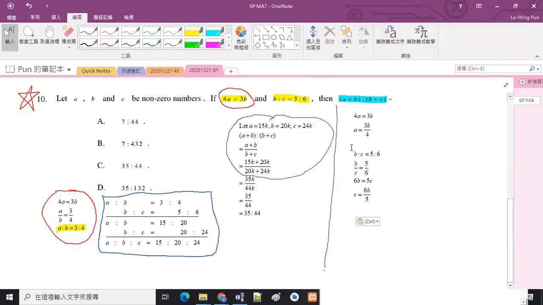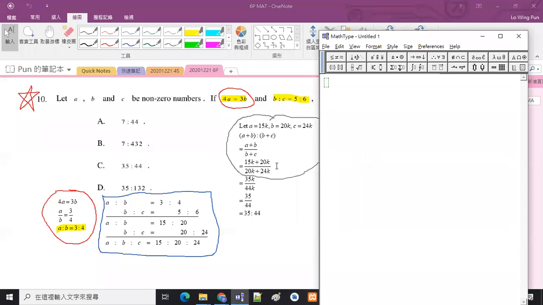點解我將 A 同埋 C 都 in terms of B？其實係諗緊要將佢哋全部都 in terms of 同一個英文字母，我哋就可以將所有 terms 變成 like terms，可以相加相減。現在佢要揾嘅嘢就係 A plus B to B plus C，計算嘅時候，我將佢變翻做分數先，臨尾先要變翻做比例。So now A will be changed to 3B over 4.